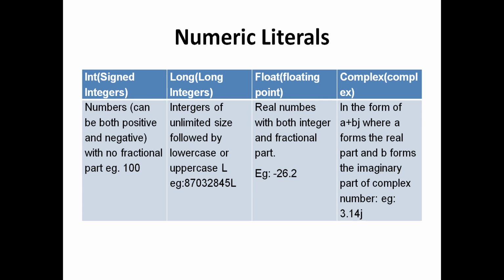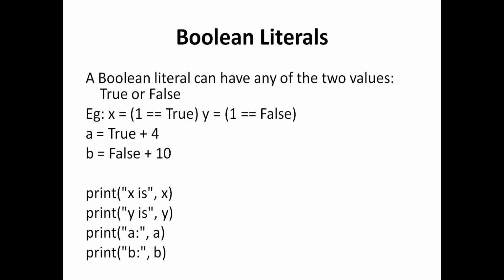Int numbers can be both positive and negative, with no fractional part, example 100. Long: integers of unlimited size followed by lowercase or uppercase L. Float: real numbers with both integer and fractional part. Complex: in the form of a plus bj, where a forms the real part and b forms the imaginary part of complex numbers, example 3.14j.